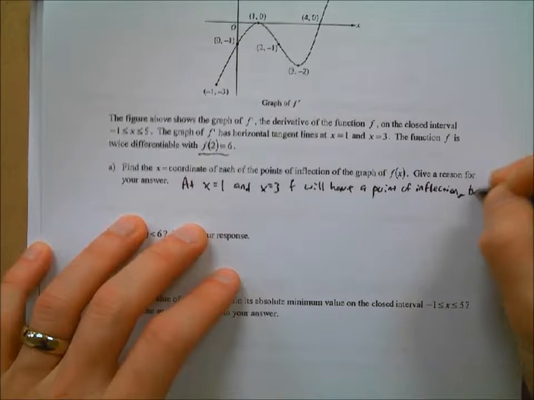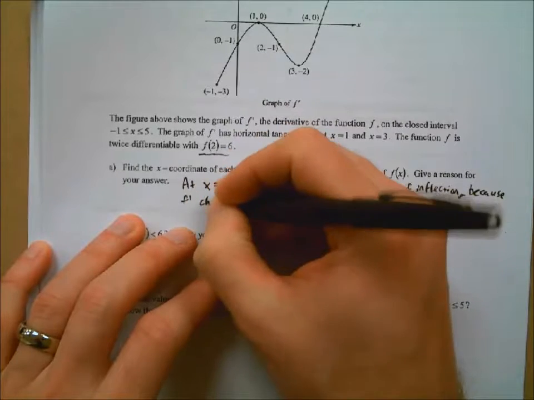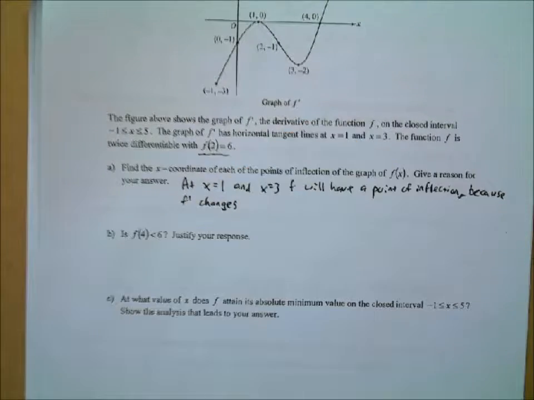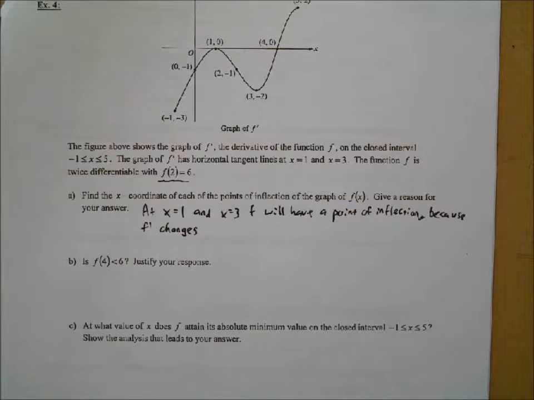I'll say because f prime changes, okay. And again, we pulled these out because they are relative extrema, right? 1 is a relative maximum, 3 is a relative minimum. But what indicates that we have a relative maximum and relative minimum there?